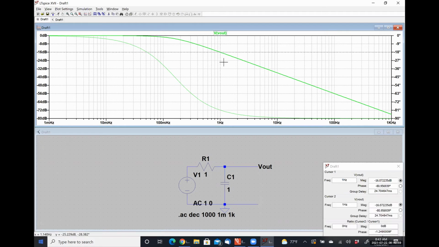So what I'm trying to find, there's my cursor, is where we get to -60. Here we go. So at about 165 hertz, we get to -60 dB.